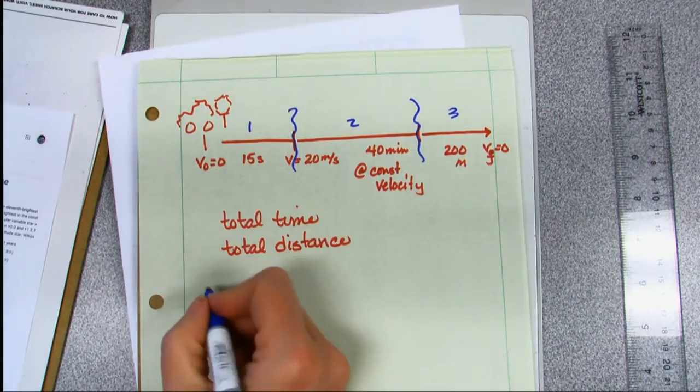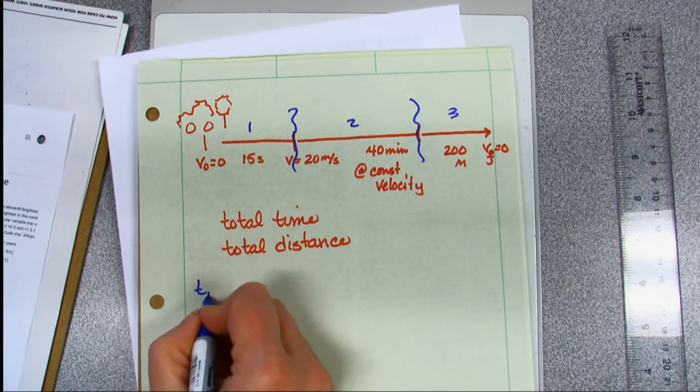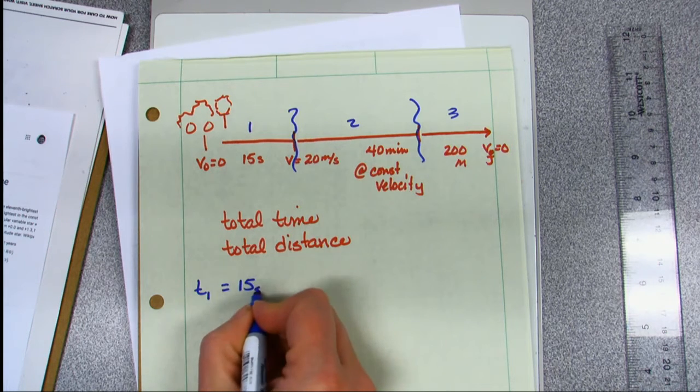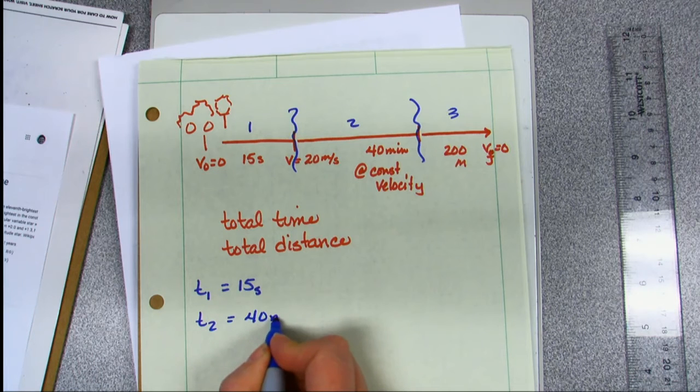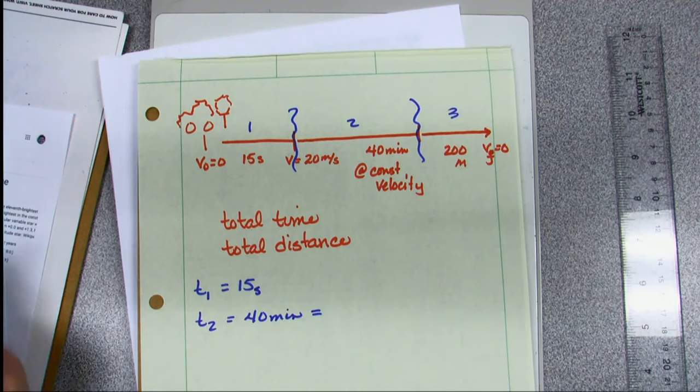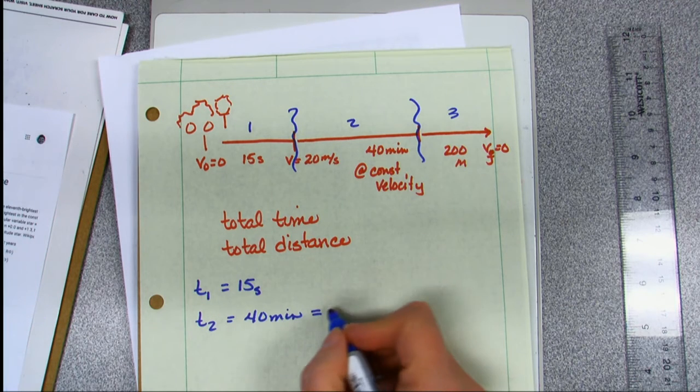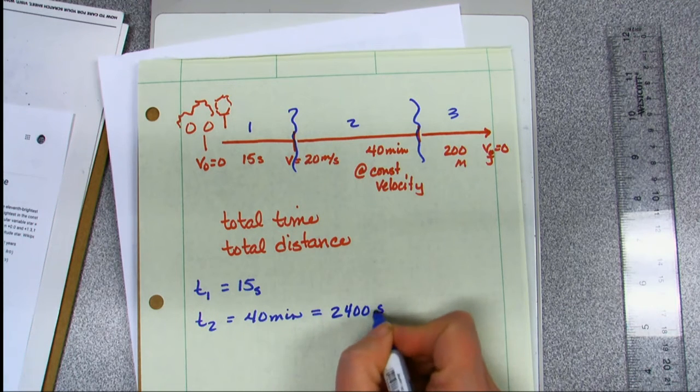For part 1, time 1 is definitely 15 seconds. And time 2 happened to be 40 minutes, so I have to convert that to seconds, because we're going to work in seconds. That's 2,400 seconds.